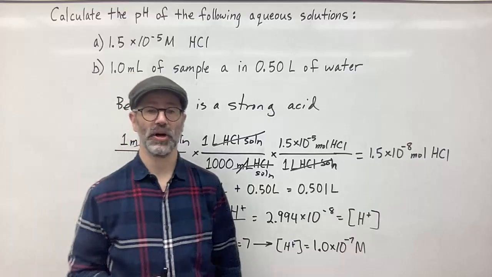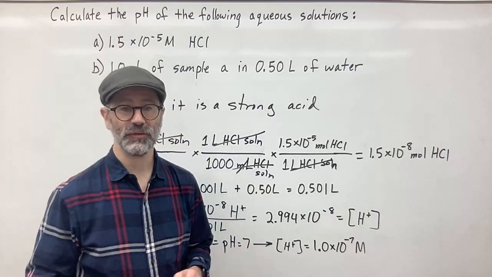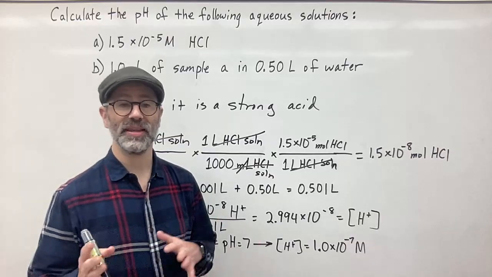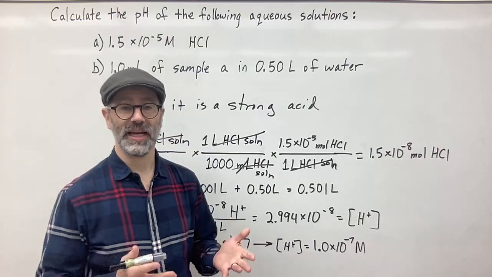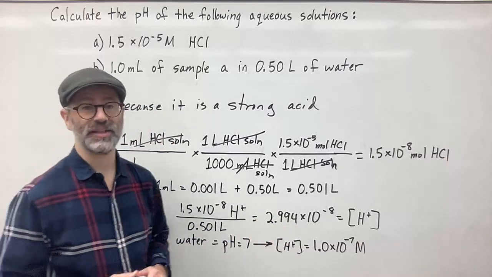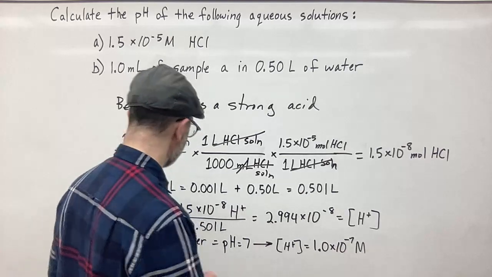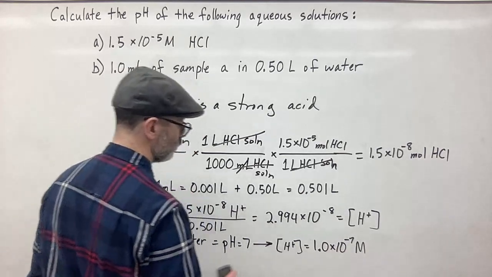We can't ignore it. So we're going to have to do an ICE table with the auto ionization of water to see what the shift is going to be in adding this concentration of acid to the 0.5 liters of water. So let's go ahead and do that.